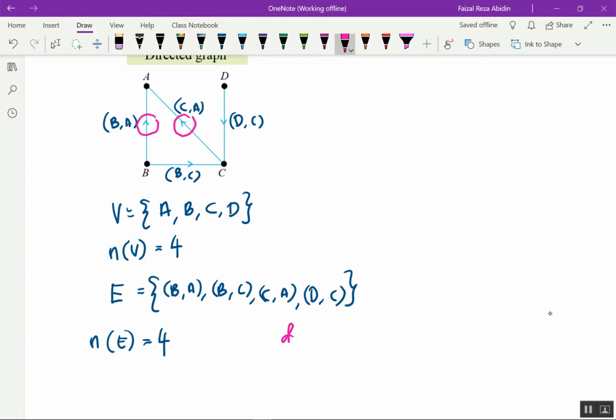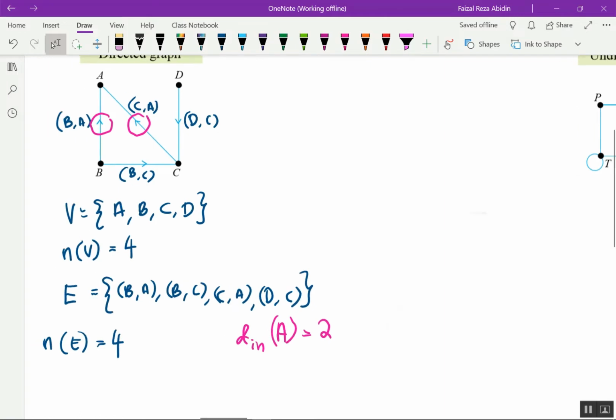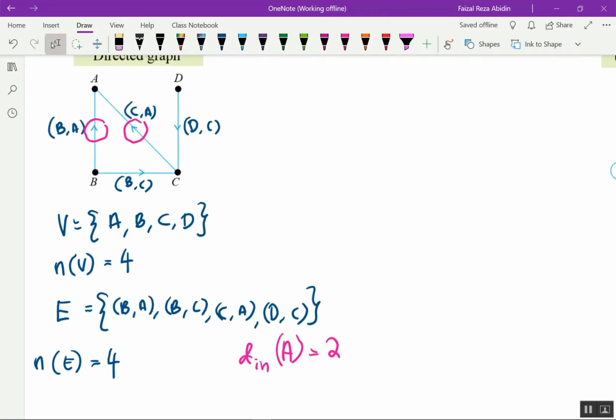D in for A means that if you look at the direction for vertex A, there are 2. Next we have out, D out. What does D out from A mean? From A, is there any direction out from vertex A? None. So we just write down 0.